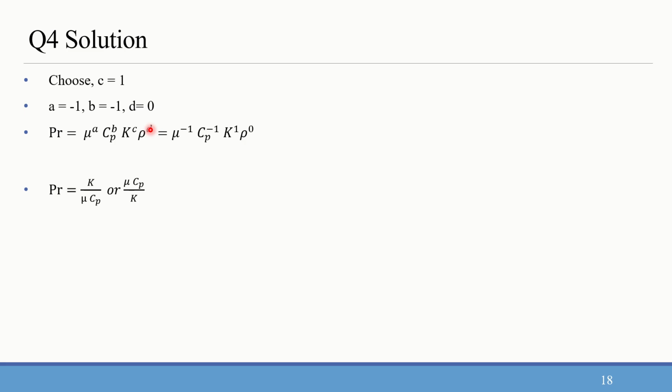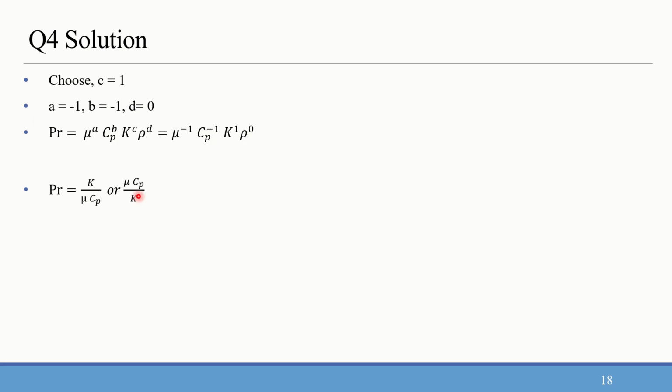So it becomes K divided by mu into Cp, or we can also write it as Cp mu by K. So Prandtl number is, that is how we write in the final form, right? Like Prandtl is equal to Cp mu by K. It is like that dynamic viscosity by thermal conductivity, molecular diffusivity by thermal diffusivity.